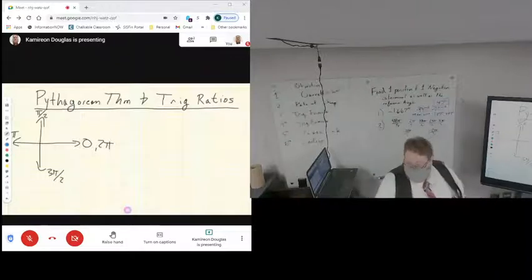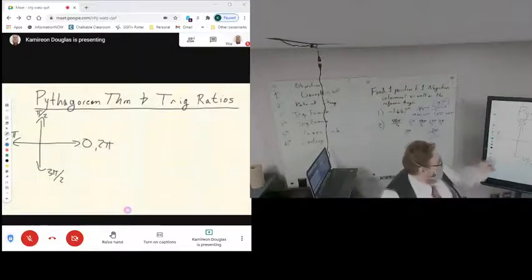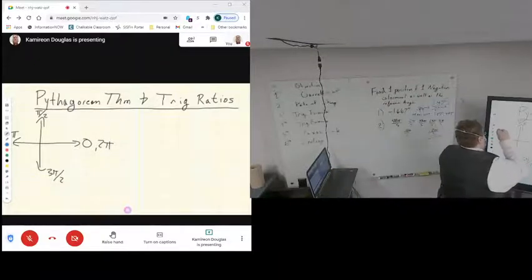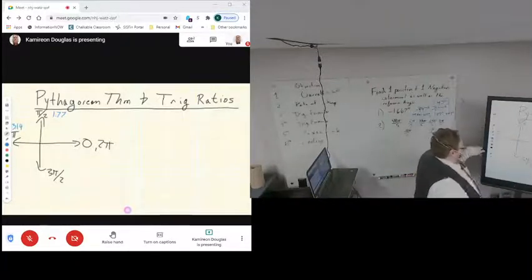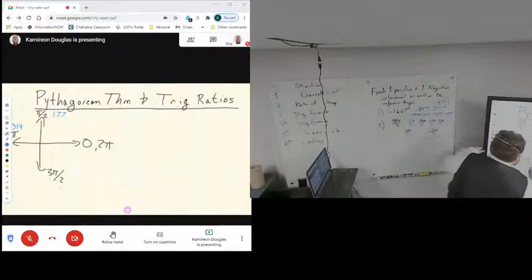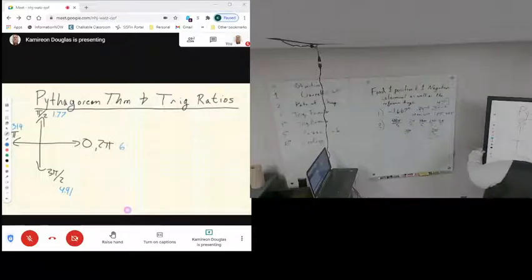So if I look at 8 pi over 5, I can convert that into a decimal. And I can convert all of these into decimals and see where it fits in. Pi is 3.14. Pi over 2 is 1.57. 3 pi over 2 is 4.71. And 2 pi is 6.28.